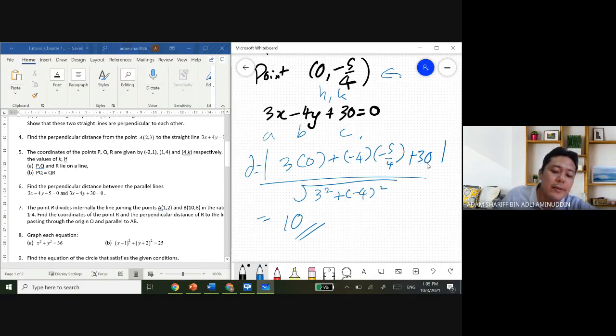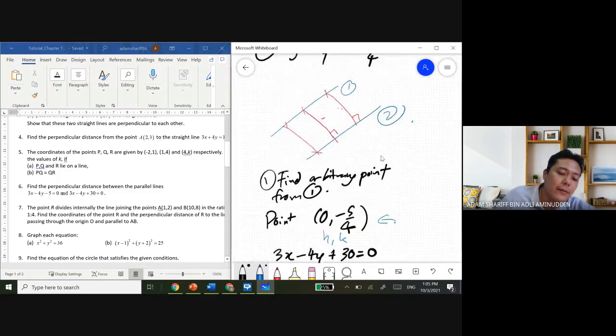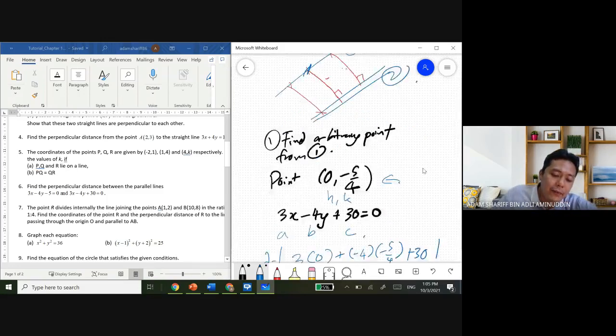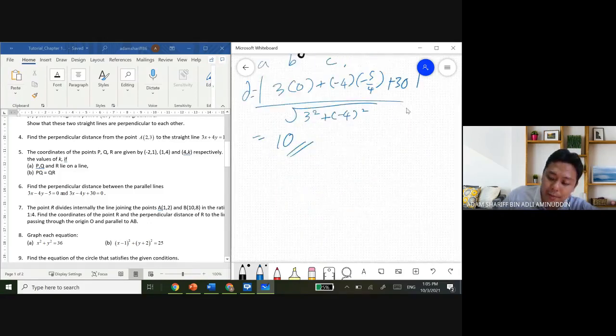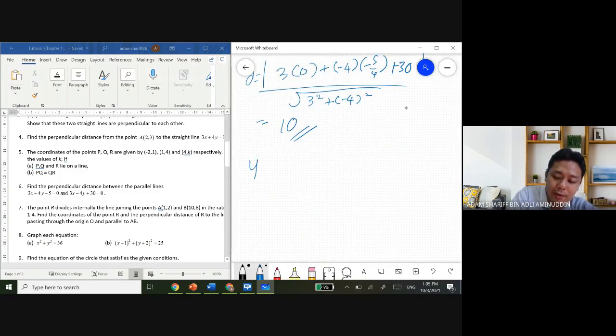Okay, just now I already say, you take any points from equation number 1, the perpendicular distance with equation number 2 will always be similar. So that's why for this question actually I don't only satisfy my curiosity only for 0, -5/4. Saya ambil equation yang pertama tadi tu, y equals to 3/4x minus 5/4.